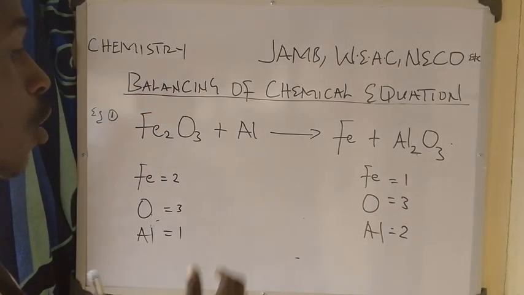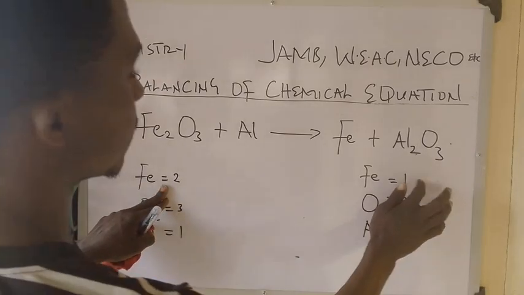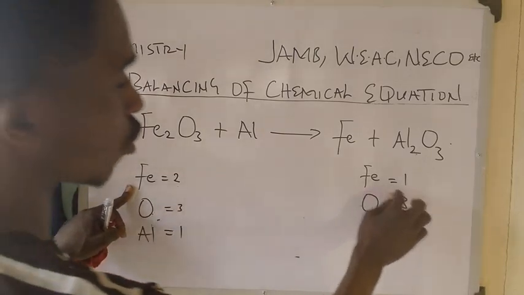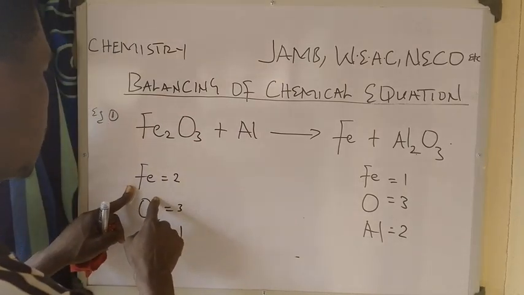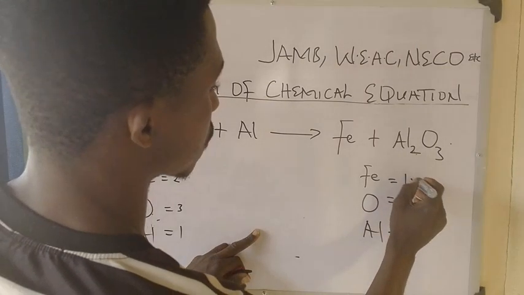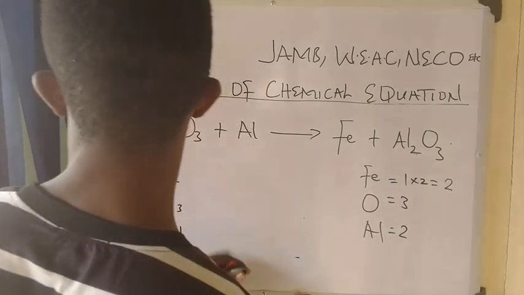So what number can you multiply this by to have 2 here? What number can you multiply this one by to have 2? Do you see? So now, if I multiply this number by 2, 1 times 2 will give me what? 2.